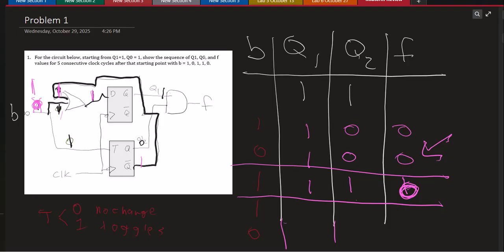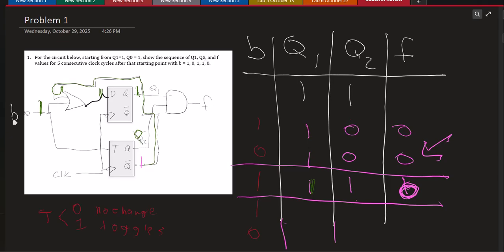Okay, I'll start over on this clock cycle. So let's check this clock cycle again. As we start this clock cycle, B is 1. When we started, we had the old values. Q1 was 1, Q2 was 0, which meant Q2 naught was 1. So this one is over here. Now we're going to get our new values. 1 or 1 is 1, so Q1 is 1. 1 is going into the T flip-flop.